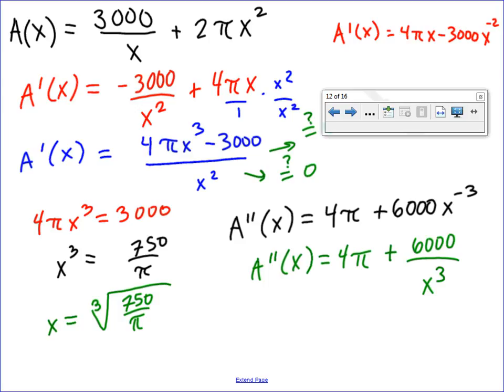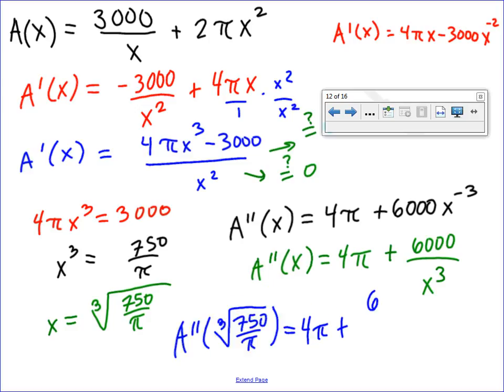A double prime evaluated at the cube root of 750 over pi equals 4 pi plus 6,000 over the cube root of 750 over pi, cubed, which is 750 over pi. Do I need to go any further? Do I need to know exactly what A double prime of the cube root of 750 over pi is?